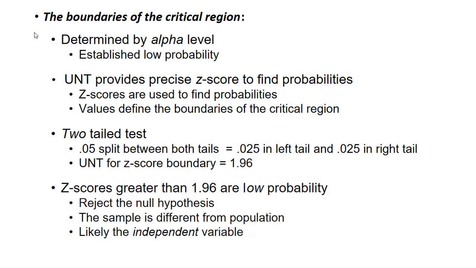So just to reiterate, z-scores greater than 1.96 are low probability, and I should add z-scores less than negative 1.96 are low probability as well. When that happens, we reject the null hypothesis. We say that the sample is different from the population, and it is likely the case that the independent variable is responsible for this difference.